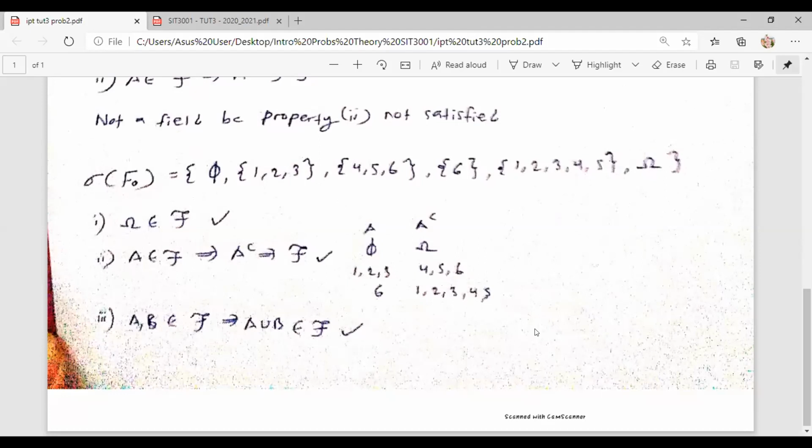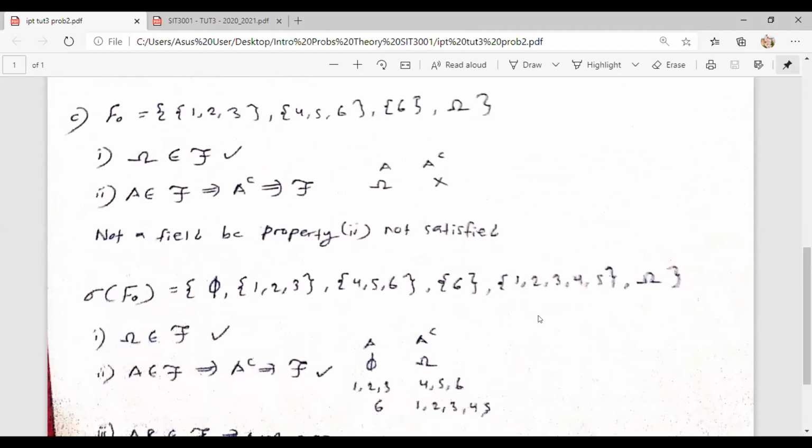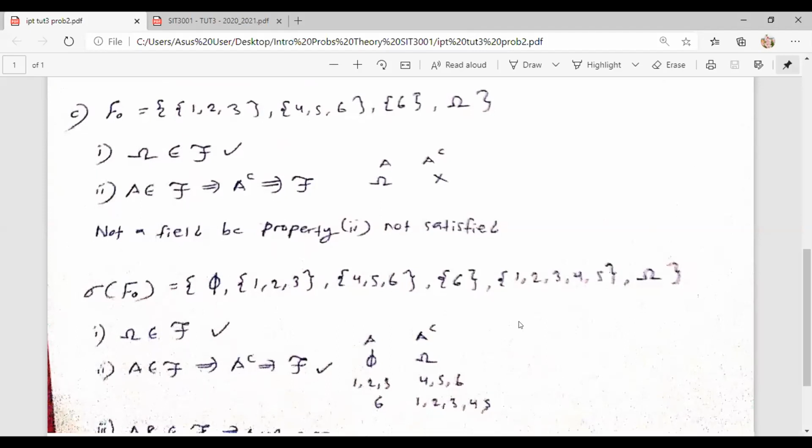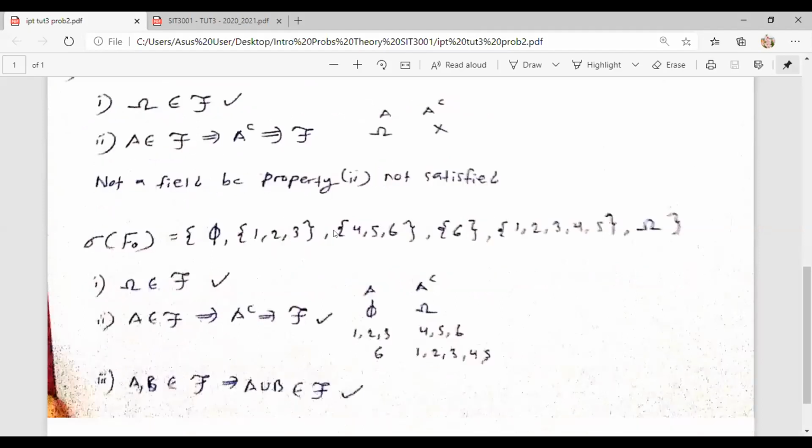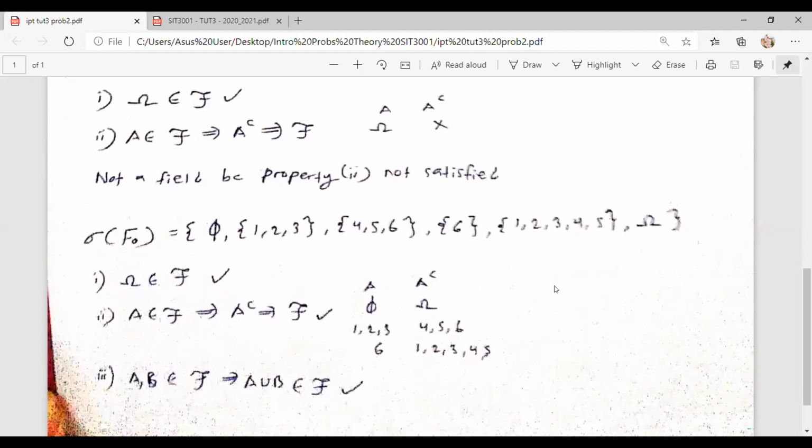Okay, {6} doesn't have a complement, so you generate its complement, right? Yes. And then you put the empty set inside. But then this is not yet a sigma field, because if you look at {1, 2, 3} union {6}, it's not inside. The sigma field has to be closed under countable union.